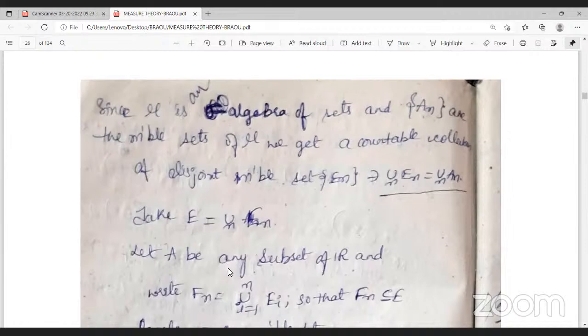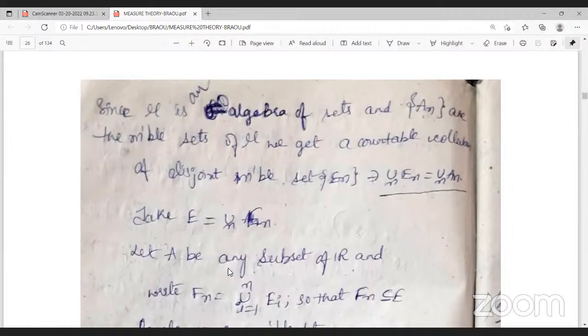In place of F, write down here: this equals M star of En plus M star of, observe here, M star of A is the same, M star of the union of i equal to 1 to n of Ei.